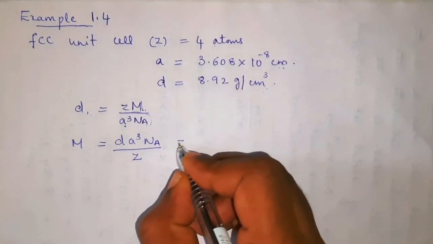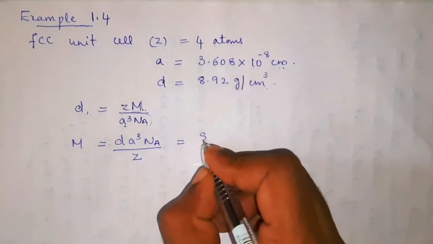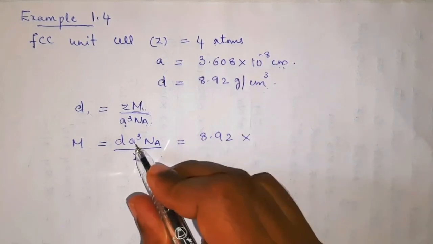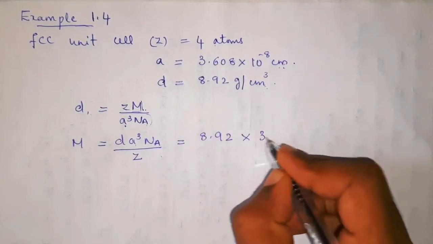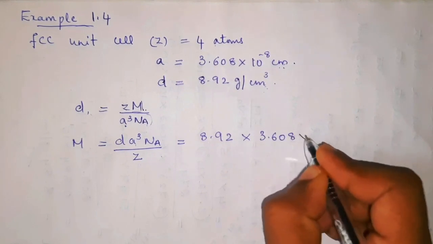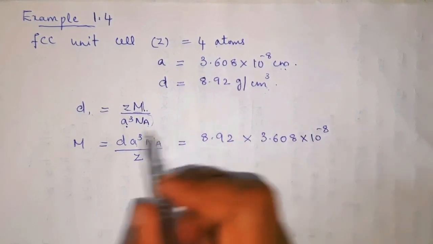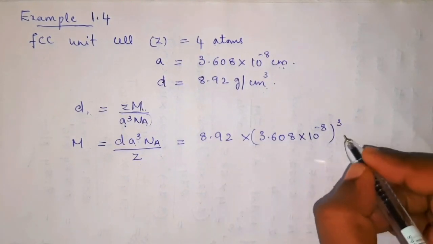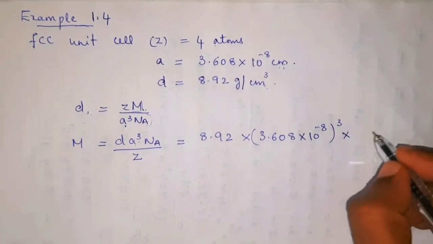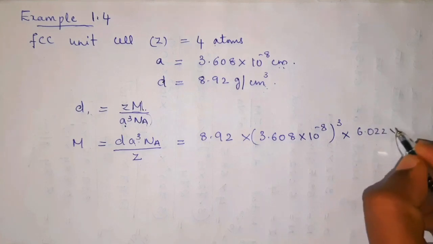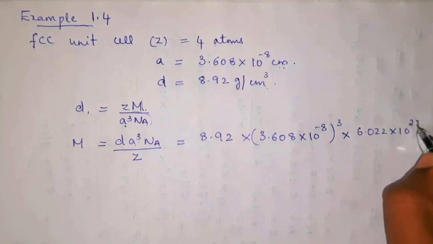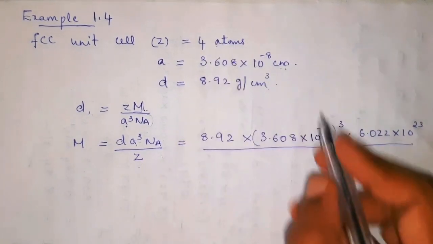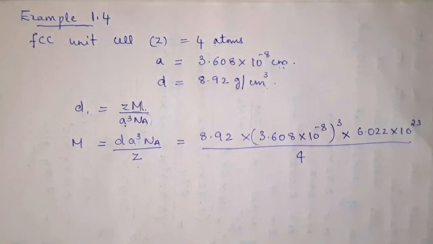So how will you write it? M equals density 8.92 into a, which is 3.608 × 10^-8, then it is a cube, so you have to cube this, into the Avogadro number, 6.022 × 10^23, divided by Z, which is 4.